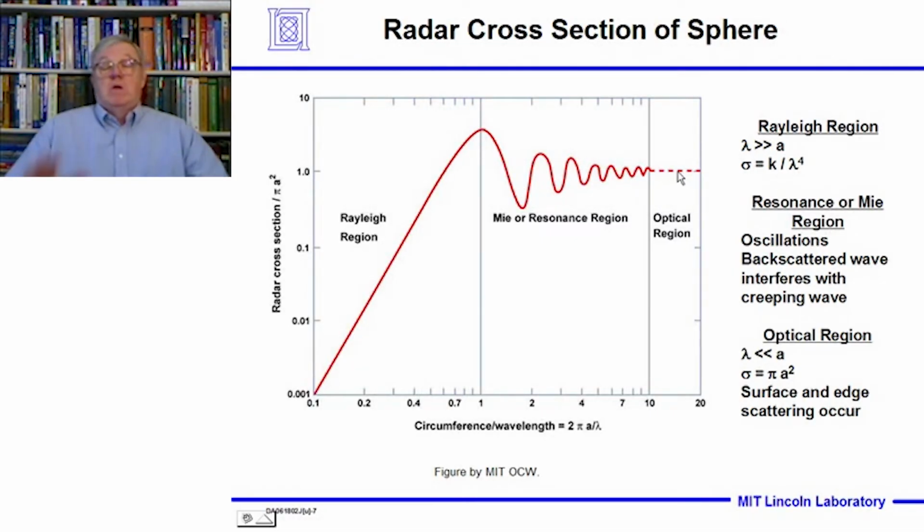Now, first of all, we're always talking in these calculations in the far field. We're far away from the radar. But we're only looking at the ratio of the wavelength of the radiation to the radius of the sphere. Now, when the wavelength is much greater than the size of the sphere, we're in the so-called Rayleigh region.